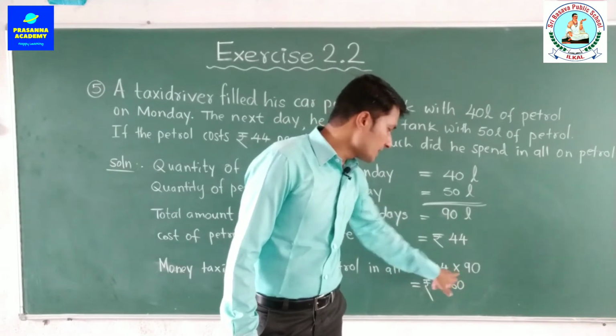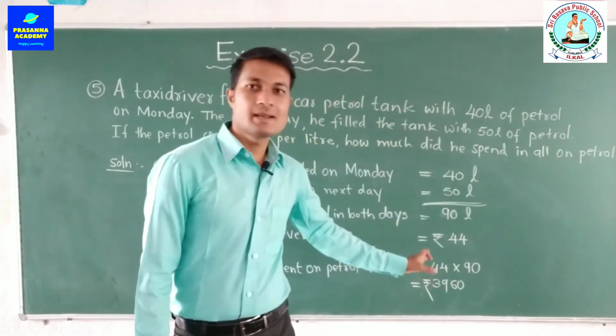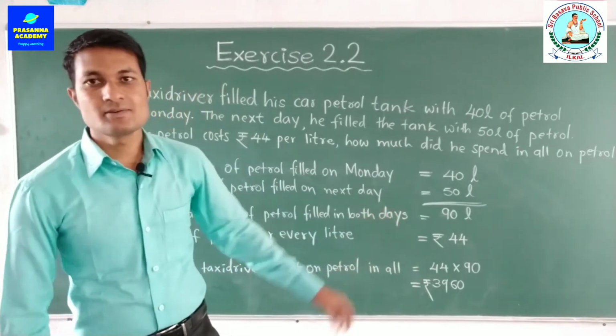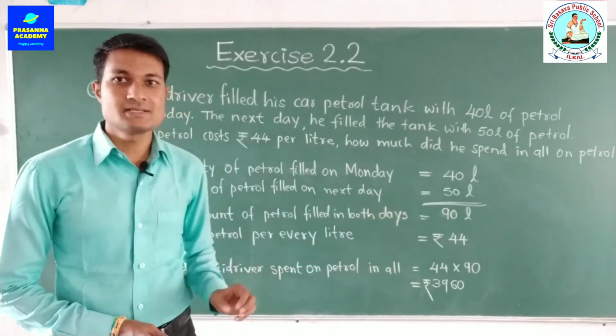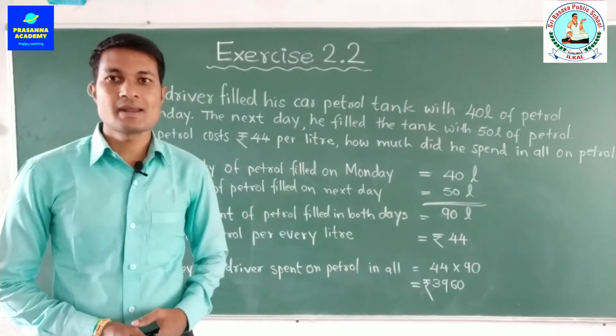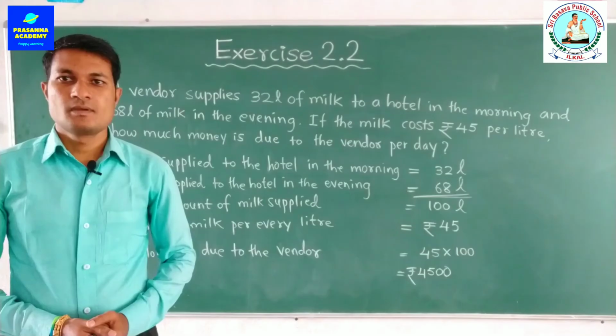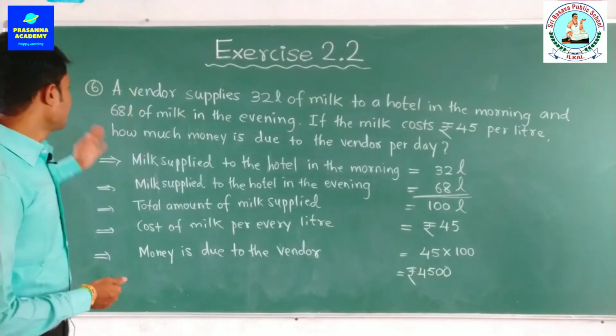So when you multiply these two, you will get the answer as 3960, and this 3960 represents the total money the taxi driver has spent on the petrol in all. Okay dear students, let's look at the next question.